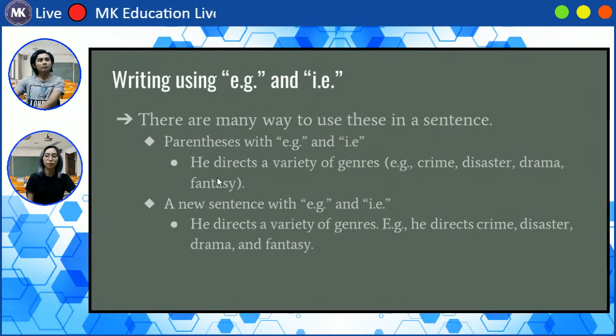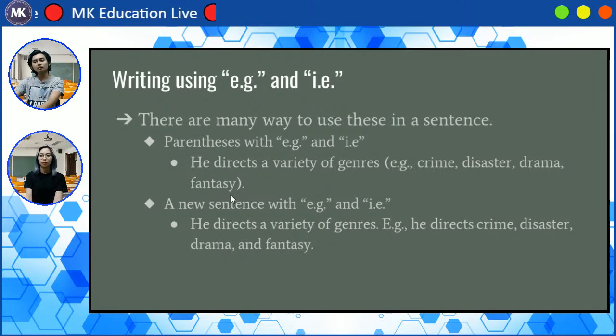Next, parentheses with e.g. and i.e. He directs a variety of genres (e.g. crime, disaster, drama, and fantasy). So with this format, you want to keep it as a not standalone, incomplete sentence, and you put the period after you close the parenthesis.